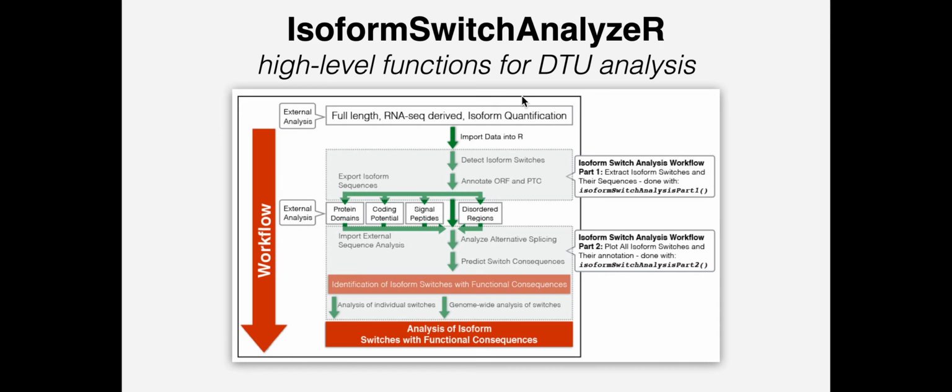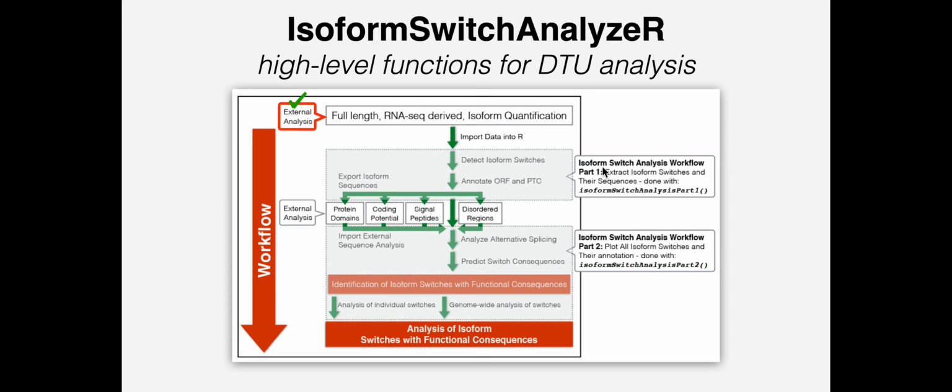And so the basic workflow here is that there's some external analysis that happens first. In our case, that external analysis was aligning or mapping our reads to the transcriptome using Kallisto. So we're done with that. We then have to import that data into R. We then have to detect isoform switches.